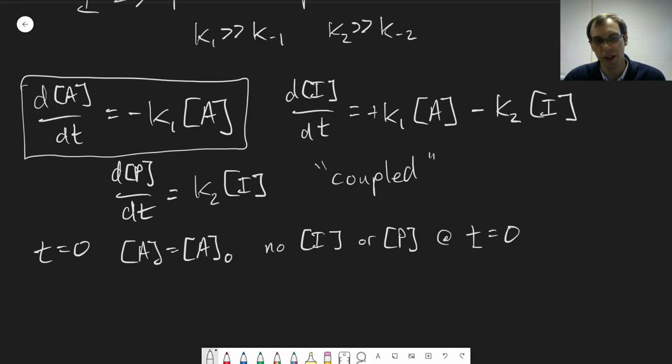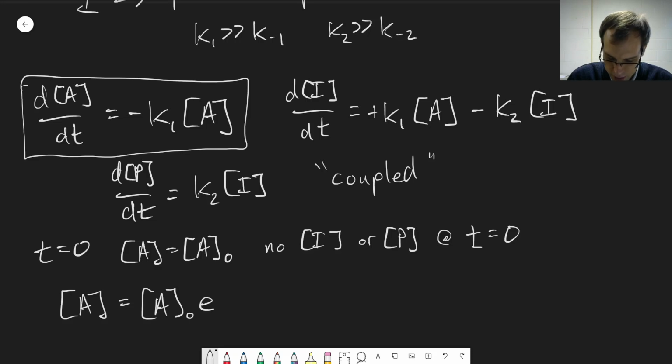So we just start with A. We have to make some assumptions here to be able to set limits on this differential equation. So the concentration of A is just going to follow first order kinetics: A is equal to A naught times e to the minus k1 t. That's an equation that we saw in the previous chapter.